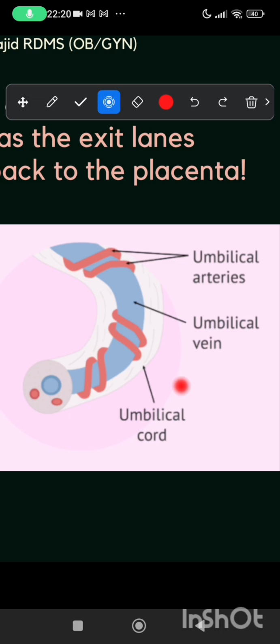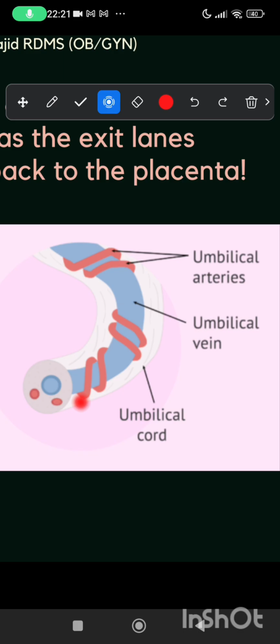So there is one large vein, as we can see here, and there are two small umbilical arteries in the cord. In the transverse section on ultrasound, it looks like one large vein and two small arteries. In the longitudinal view, we can see again one large vein and two umbilical arteries using the color Doppler.